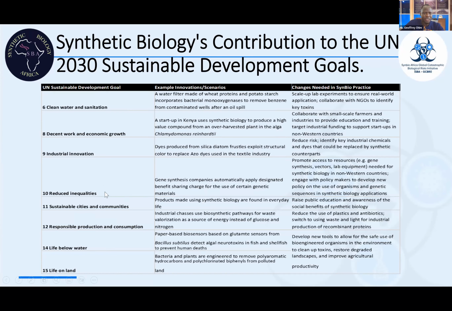And we have reduced inequalities. So here, when we talk about reduced inequalities at the social aspect, at the moment we have the Nagoya Protocol on Access and Benefit Sharing.